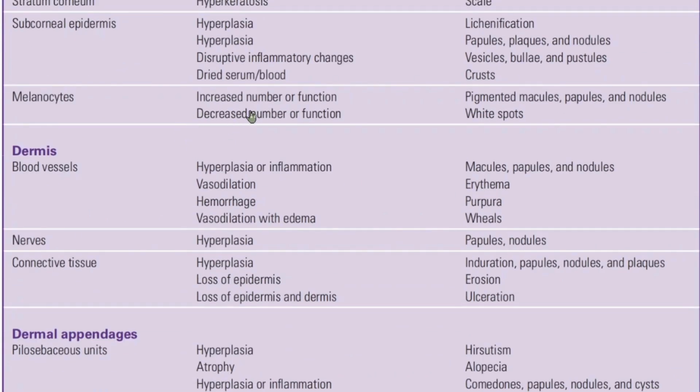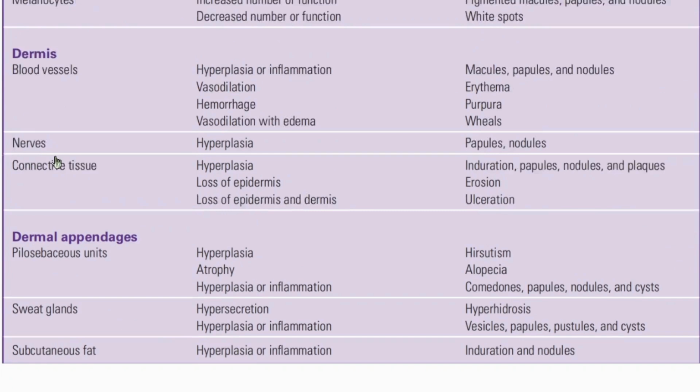Melanocytes: we can see increased number or function, or decreased number or function, of melanocytes. The clinical manifestation of increased number or function of melanocytes is pigmented macules, papules, and nodules. But in decreased number or function of melanocytes, we have white spots. Dermis.